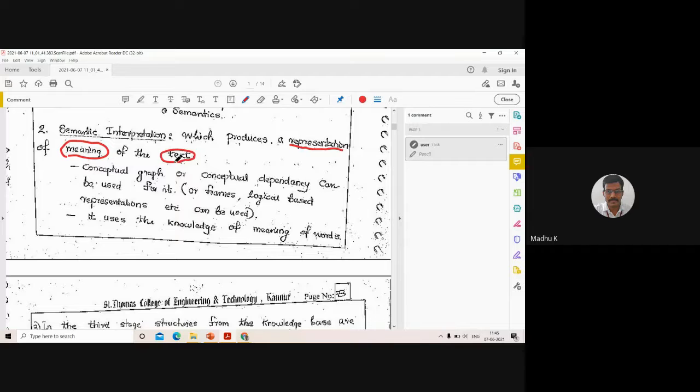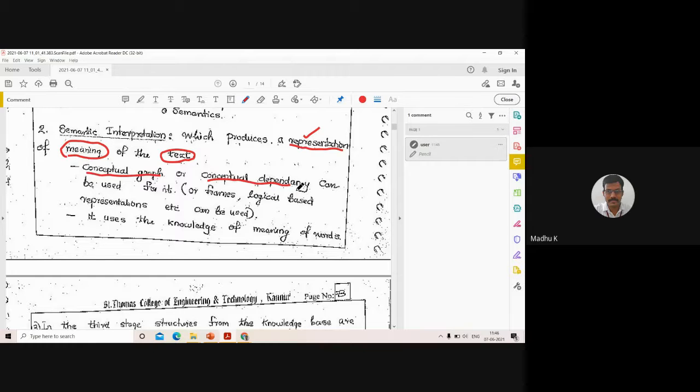The semantic interpretation will find the meaning and represent it somehow. You can use conceptual graph, conceptual dependency, or semantic network, etc. for representation.